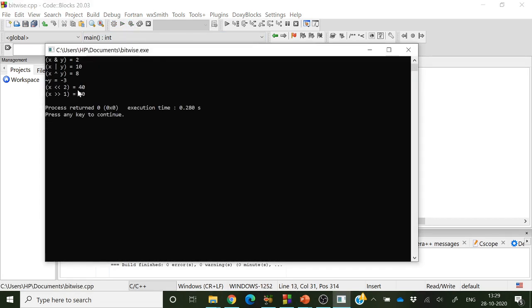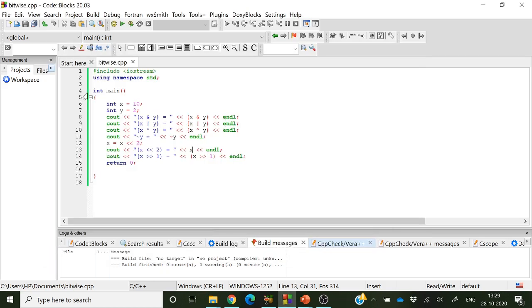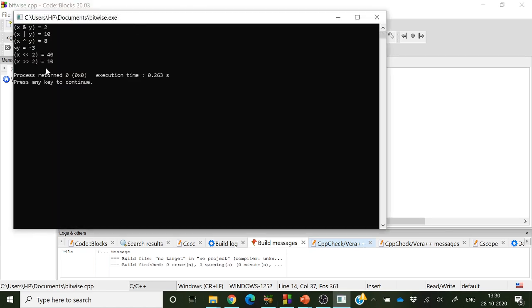Now x has become 40, and when you shift it right by 1, 40 becomes halved. 40 gets divided by 2 and the answer is 20. Okay, and if we shift it right twice, then the result will be 10.